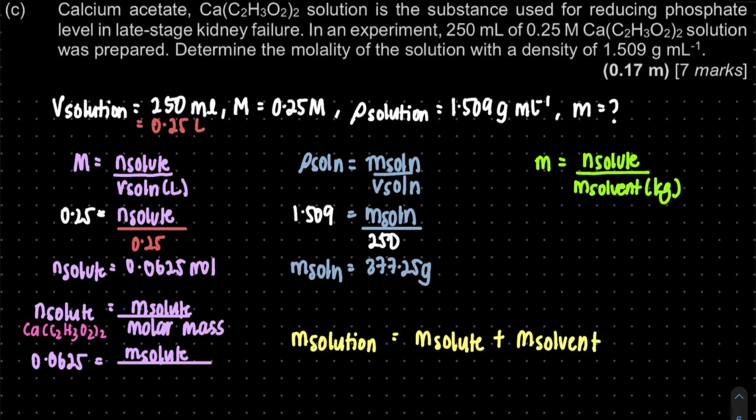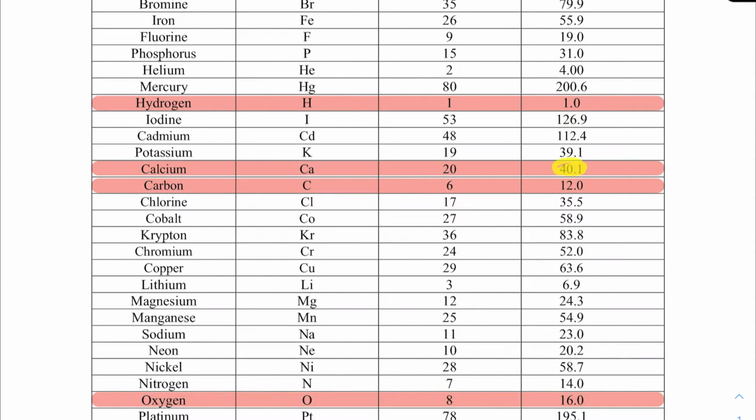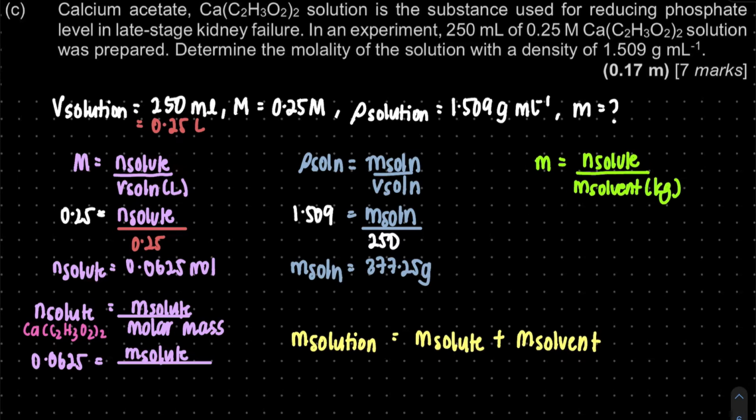For the molar mass, you don't have to memorize. We can find the molar mass through our list of constants. So we have calcium, carbon, hydrogen, oxygen. Calcium is 40.1, carbon is 12, H is 1, and oxygen is 16. So we have 40.1 for our calcium.